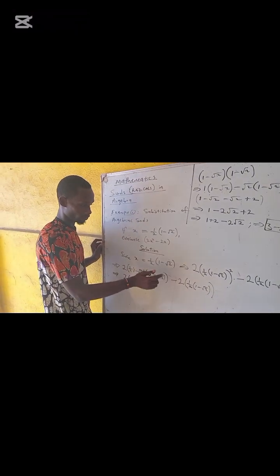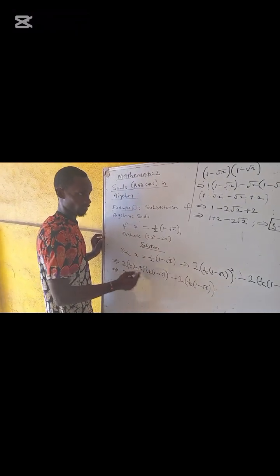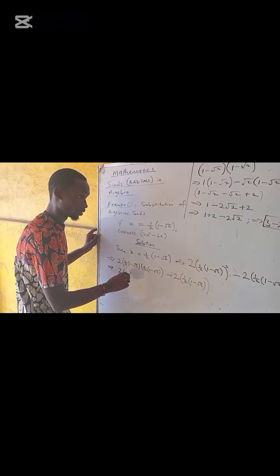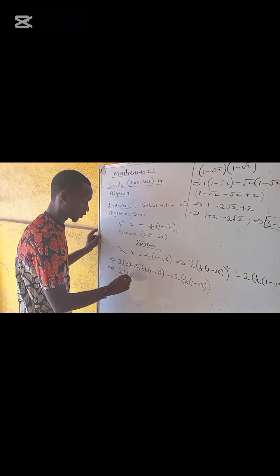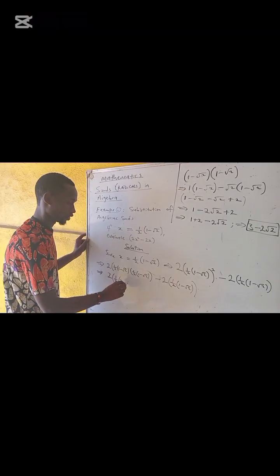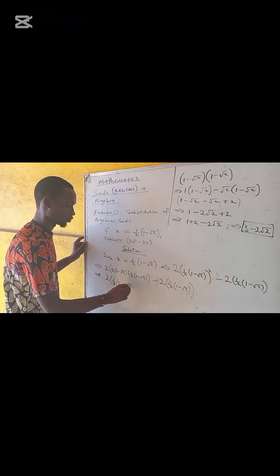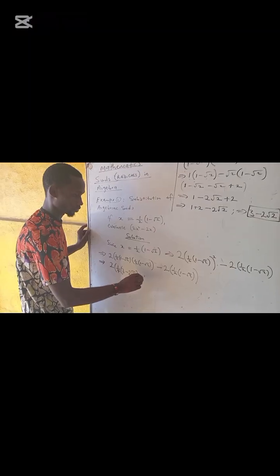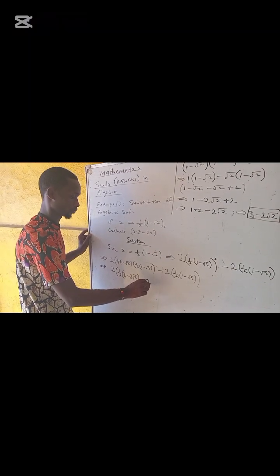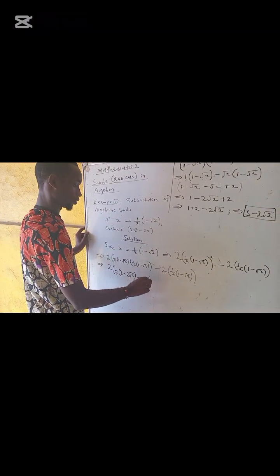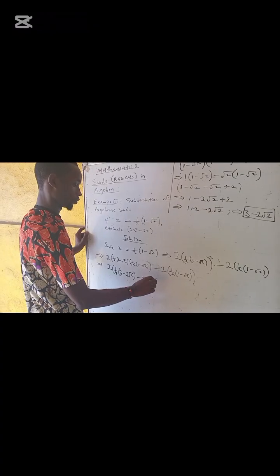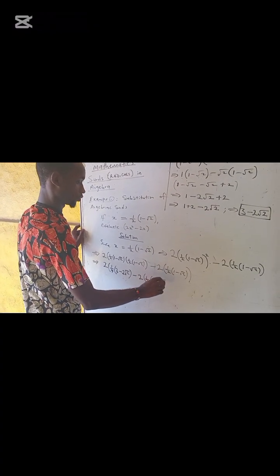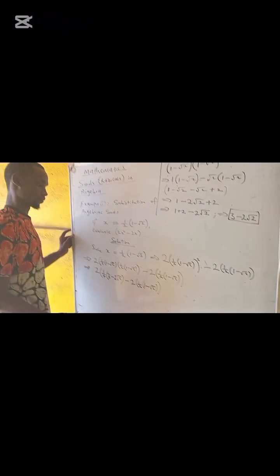Everything here has been simplified to give us this. So we are having bracket 3 minus 2 root 2, we close the bracket, minus this 2 brackets 1 over 2 brackets 1 minus root 2 all brackets.